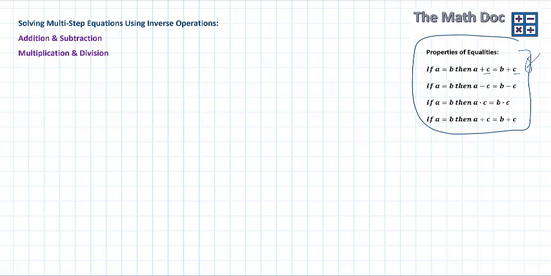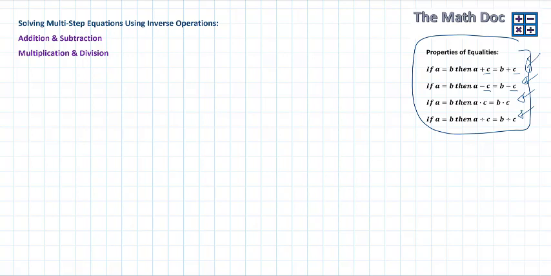The same goes for the property of subtraction. Again, we have to subtract from both sides the same number. We also have the multiplication property, which is if A equals B, then A times C equals B times C. And for division, if A equals B, then A divided by C equals B divided by C.